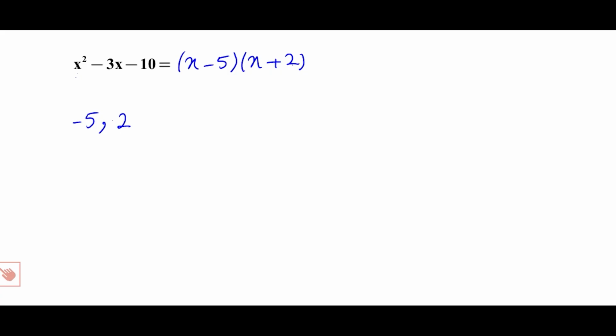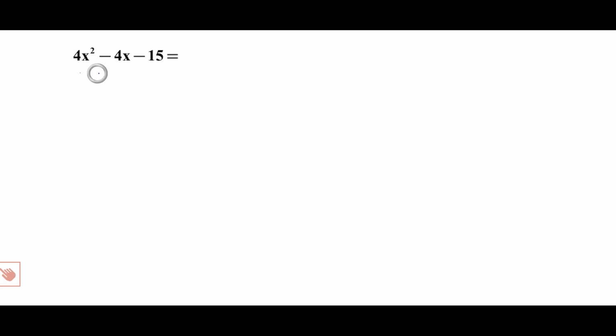Now let's solve a more challenging problem where the coefficient of x is not 1. Here, in this problem, the coefficient of x squared is 4. So the common term becomes 2x, because the root of 4x squared is 2x. So we have 2x in brackets, 2x.